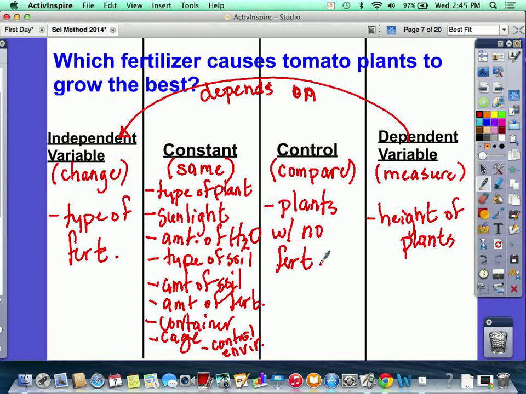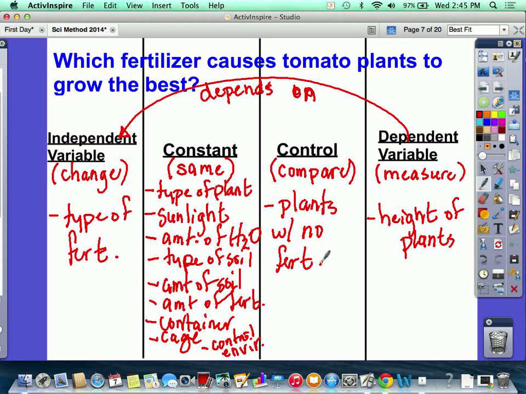All right, so really quick, our independent variable is the thing that we're going to do what? Change. Come on, going to do what? Change. And in that process, how many things should we change? One thing. Everything else needs to stay the same. And those are called constants. Very good.